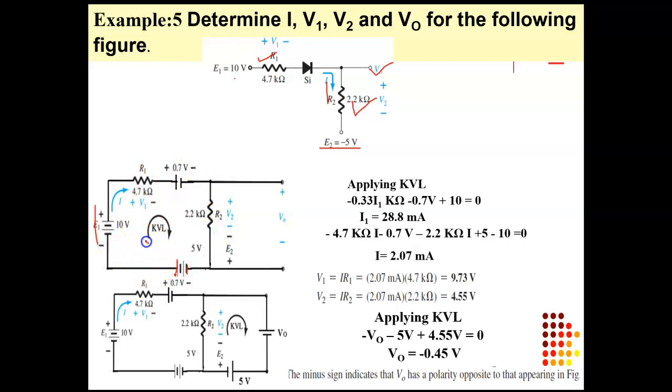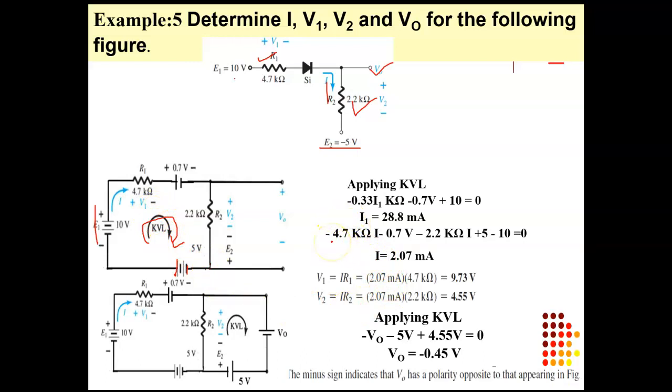So we will apply KVL in this mesh, or we can say in this loop. So what is the KVL? Sum of all the voltages will be 0. This is the theory of KVL. So here 10 volt battery, resistor, 0.7 volt battery and another resistor, so we can add all these voltages. We will start from here.